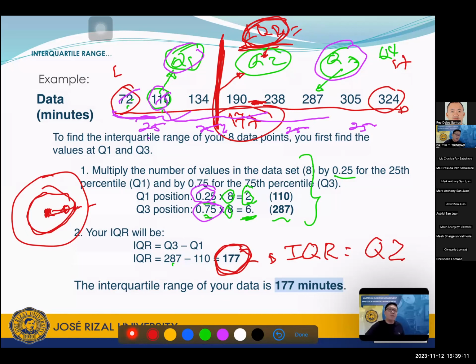If you talk about median, the median will be the difference between 190 and 238. But we are talking about the interquartile range. Instead of considering this as your middle, your quartile 2 is also considered the middle of the data set, just like the median.